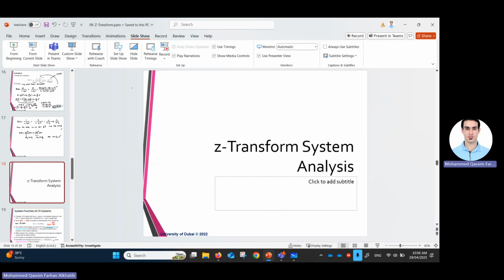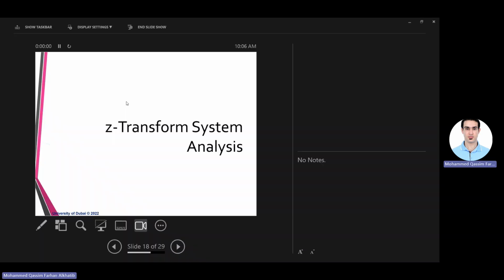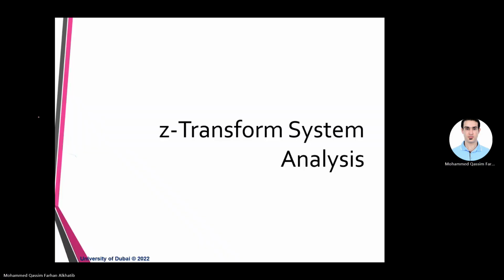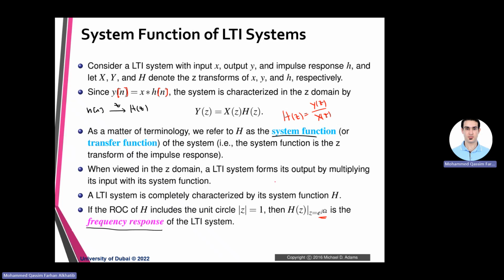All right, so we are almost done with the lecture. System analysis, basically the block diagrams. So let's always assume that my input is x of n, and I have the difference equation or the impulse response h of n, and I have the output as y of n.